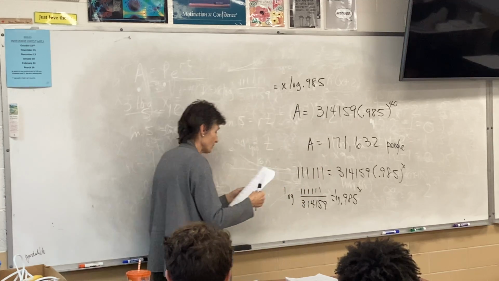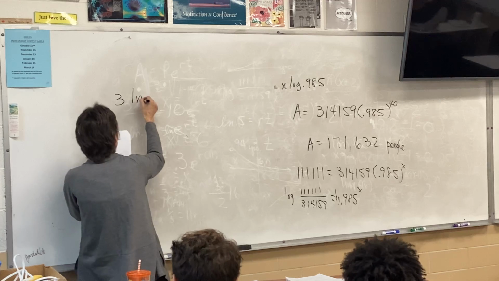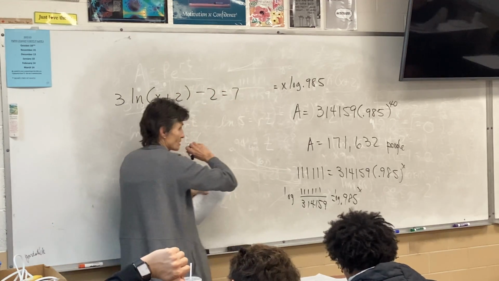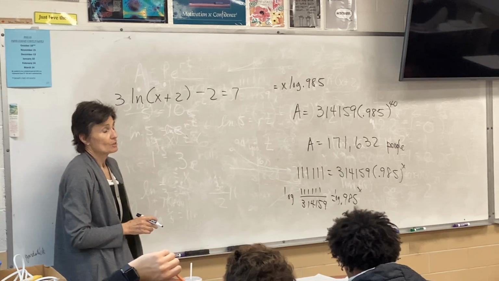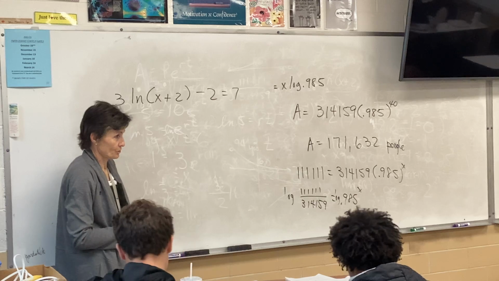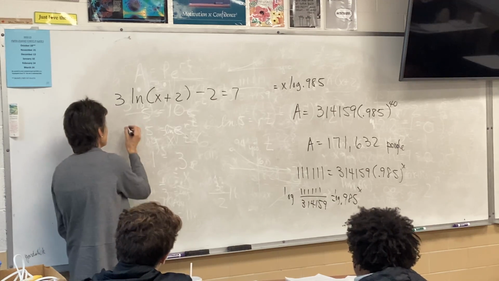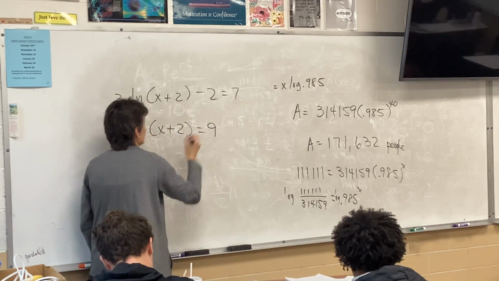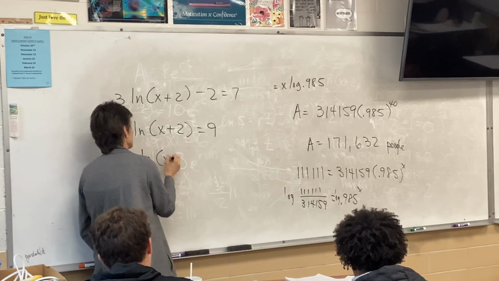3D on the no calculator. Zoe says, I think getting the calculator, Mrs. Wood. Well, let's solve it and see. So what would we do first if we were going to solve this? Add 2. And then divide by 3.